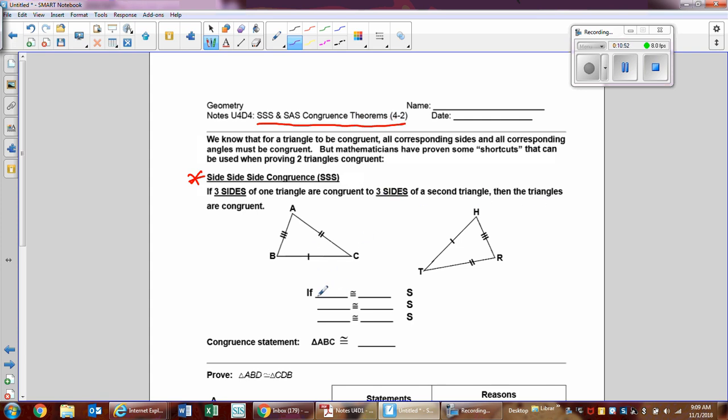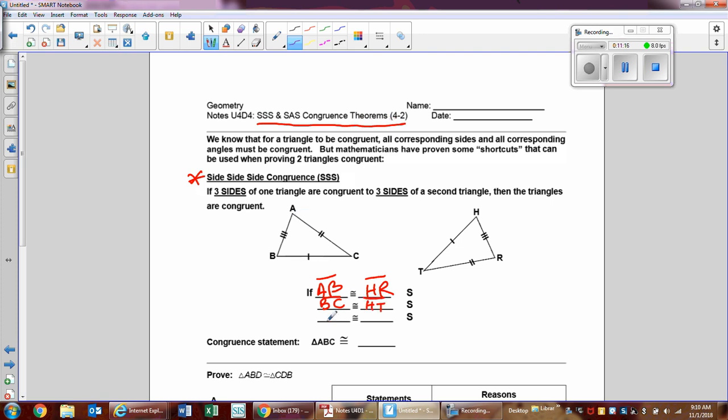So in this case, AB, the one that has 3 lines, right? AB is congruent to HR, yes, they both have the same lines. BC is congruent to HT, right?